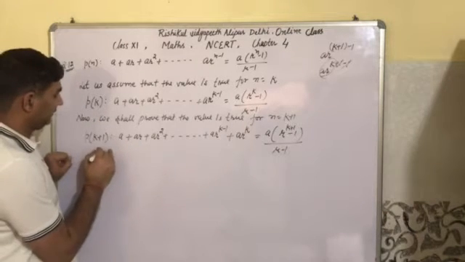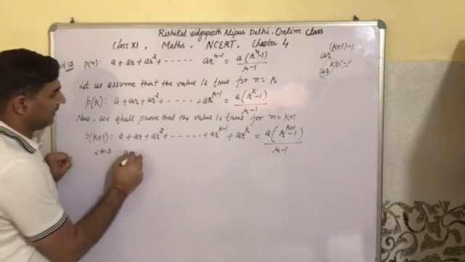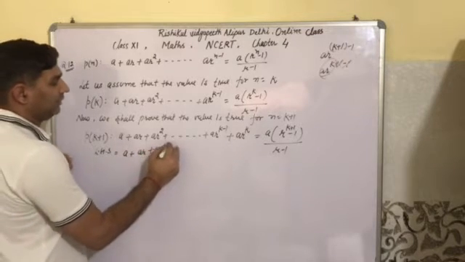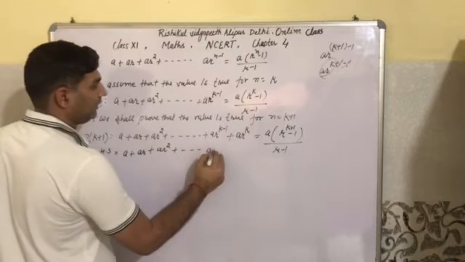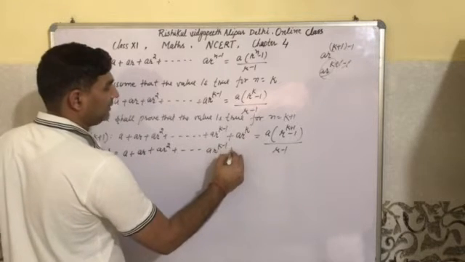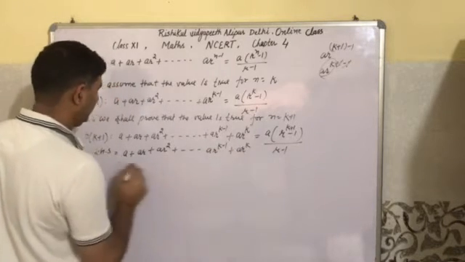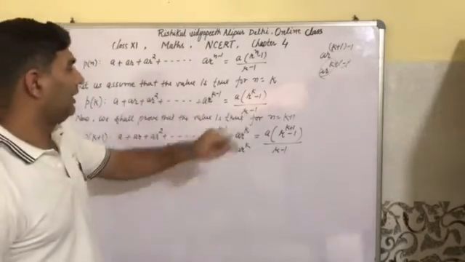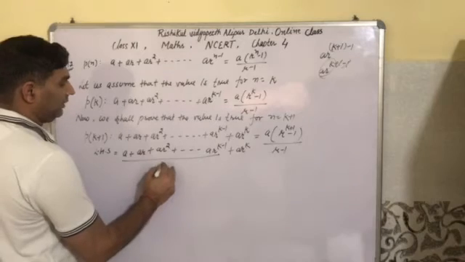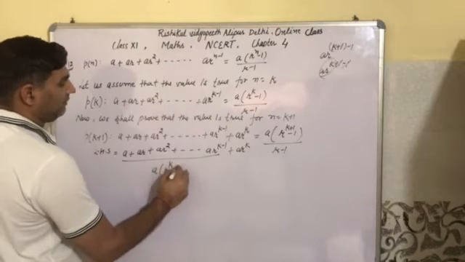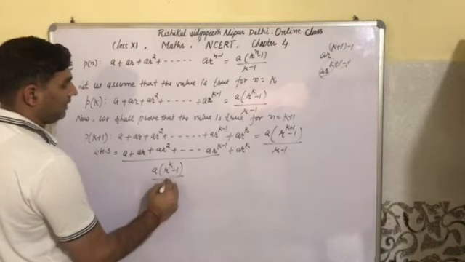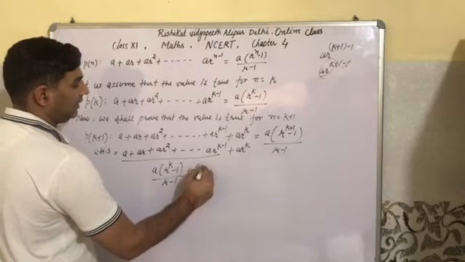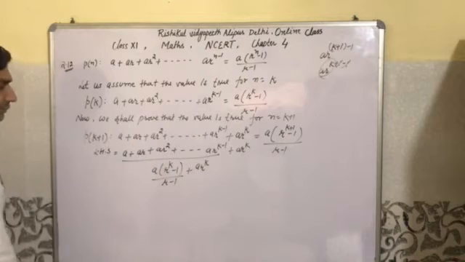Left hand side is a plus ar plus ar square and so on ar raised to power k minus 1 plus ar raised to power k. The complete value up to k minus 1 is a into r raised to power k minus 1 upon r minus 1, and plus ar raised to power k.